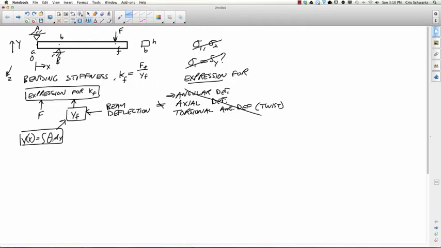So this tells you we have to calculate angular deflection. So what are the inputs that you need for that? Well, remember that EI theta of x is going to be the integral of the bending moment.